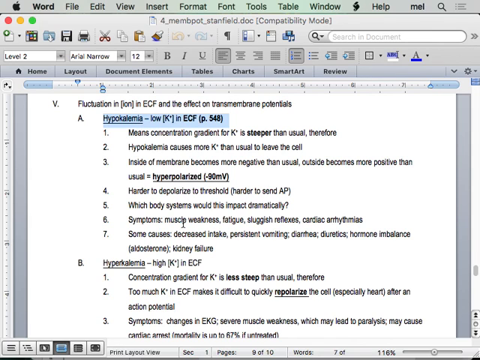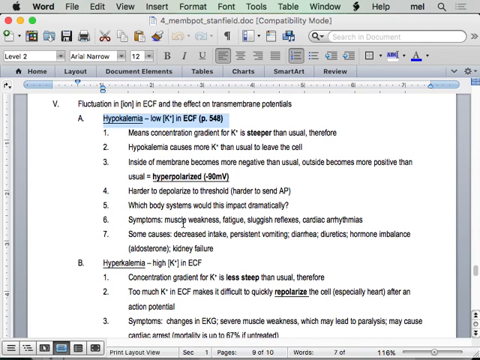So how would you get hypokalemia? Well, one of the problems with massive amounts of water loss is it's not just water that goes. So if you have vomiting, diarrhea, diuretics, you are losing tons of water-soluble ions at the same time you're losing the fluid. And those become more immediately problematic than even the fluid loss.